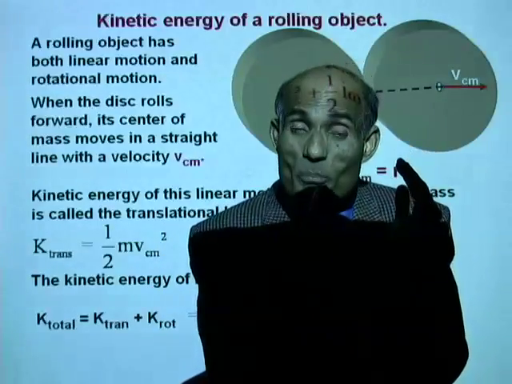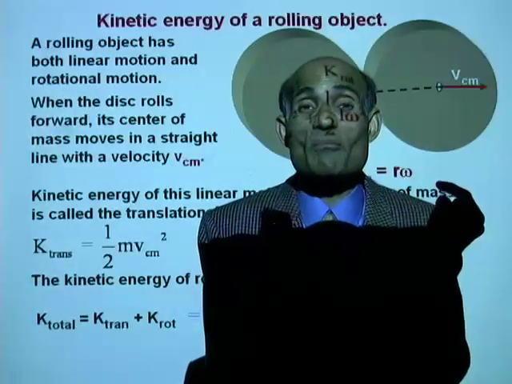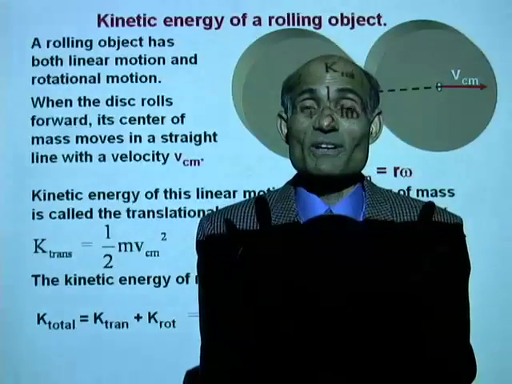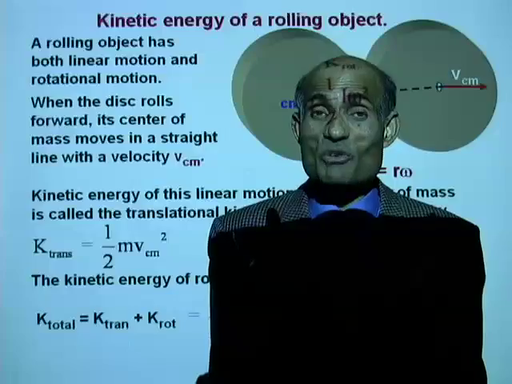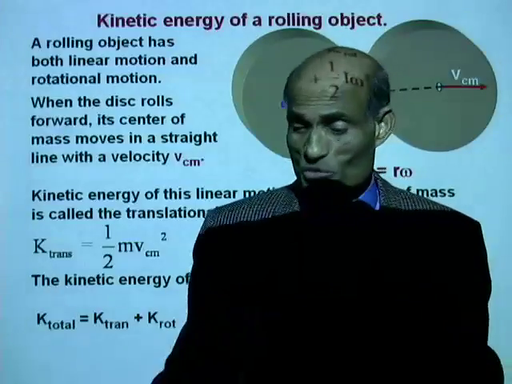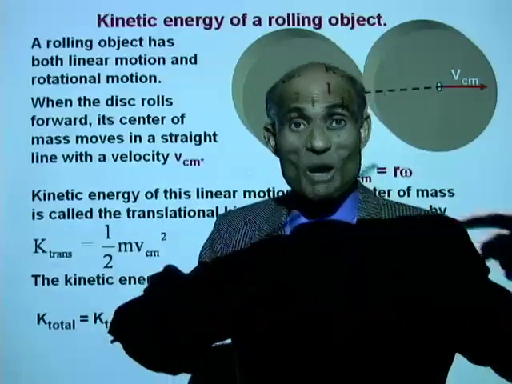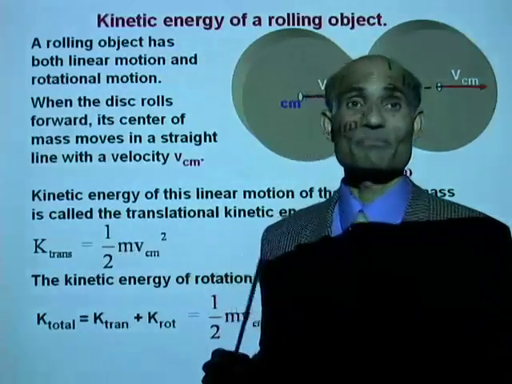And if you want to stop it, you need to do an amount of work equal to its kinetic energy. And that is a large amount of work. So you are sure to get some scrapings on your body if you try to stop a rolling tire.